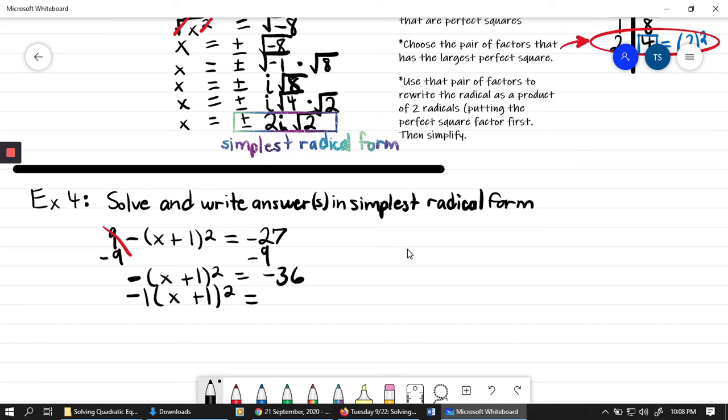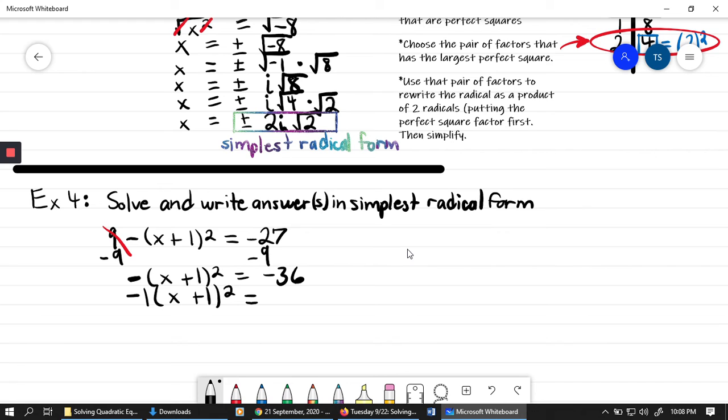If you have a set of parentheses and it is raised to a power, do not, under any circumstances, distribute any numbers into that parentheses. Okay?